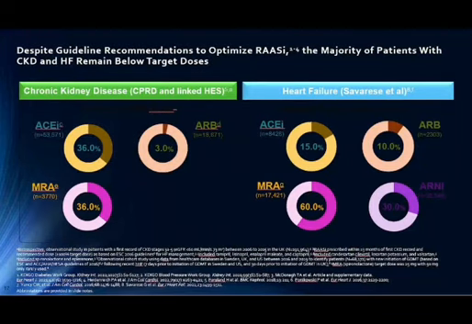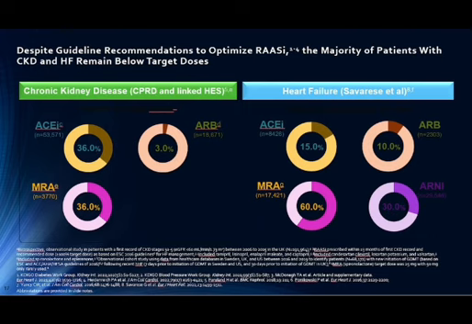Now, despite the guideline recommendation, what is the number of people who are actually on ACE inhibitors or mineralocorticoid receptor antagonists? ACE, it is only 36%. ARB, maybe the data is even less, maybe around 3%. This is based on Western data. Mineralocorticoid receptor antagonist is around only 36%. In patients with heart failure, ACE is only 15%, ARB is only 10%.